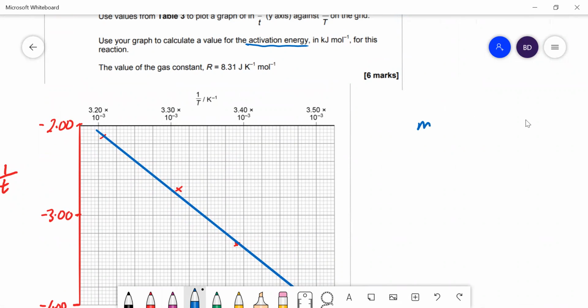M is equal to minus EA over R. Rearrange that, we get EA is equal to minus M multiplied by R. Now you can see the gradient of this line here is negative, which is good because that means that minus the gradient times R is going to be positive. The activation energy EA is going to be positive, it's got to be positive.